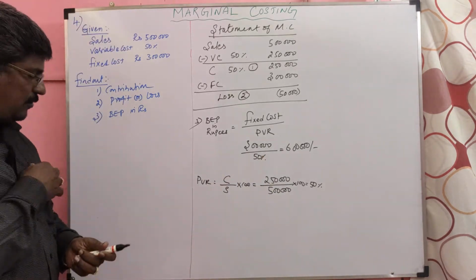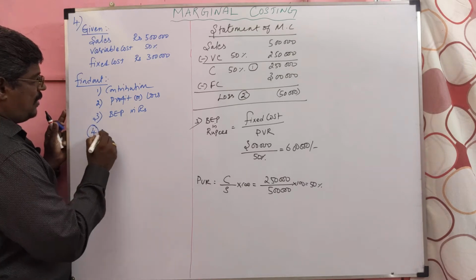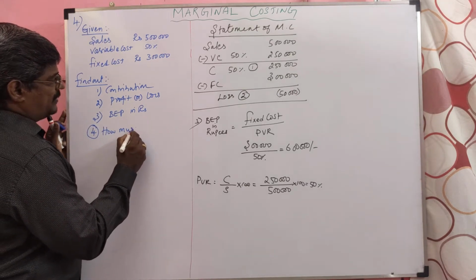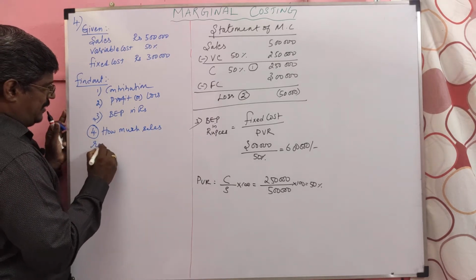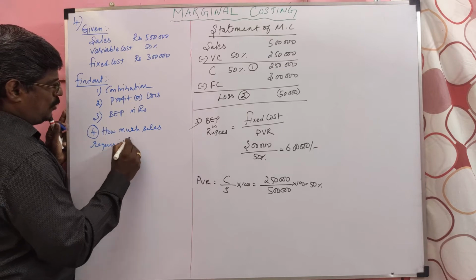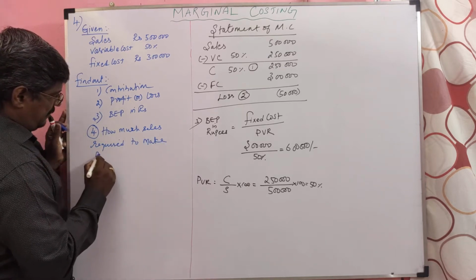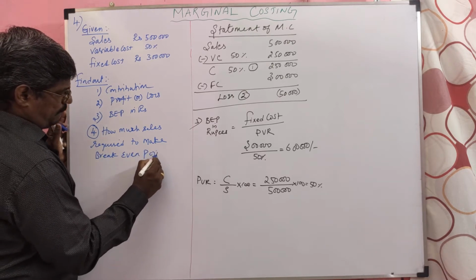Then question number 4, very important and new. How much sales required to make break-even point?